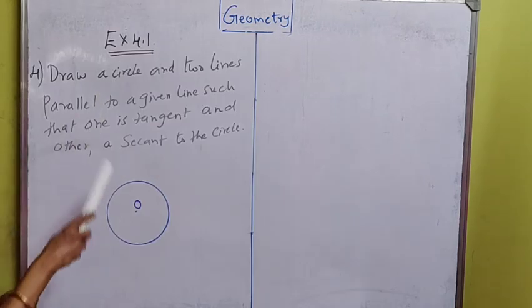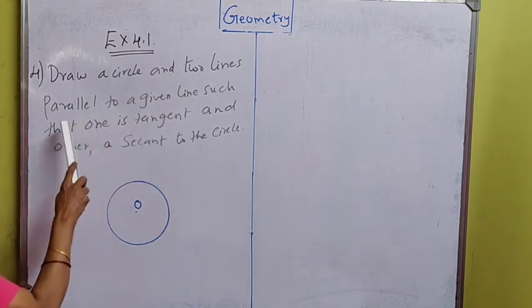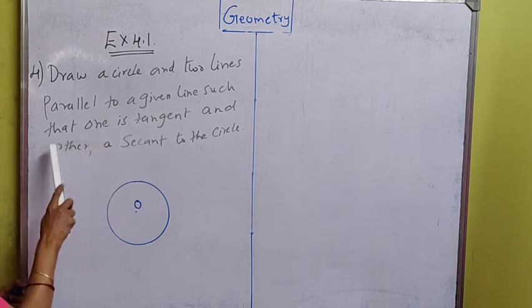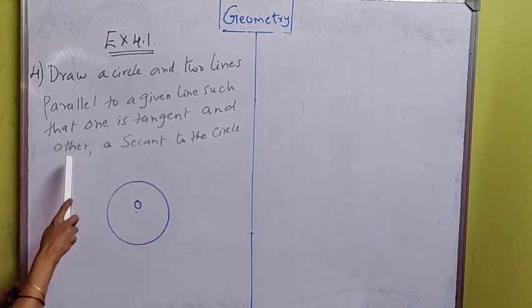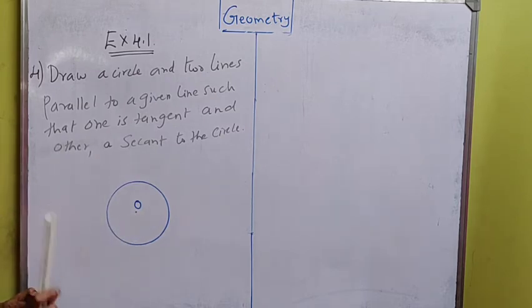Let us see what sum number 4 says. Draw a circle and two lines parallel to a given line such that one is a tangent and the other is a secant to the circle. So I have drawn a circle with center O. First I will draw a tangent, which will become the given line. How to draw a tangent, you know.